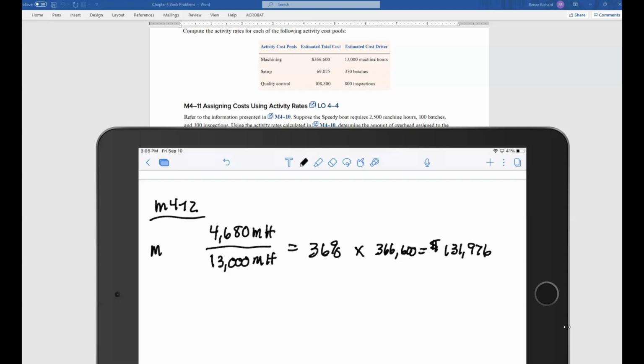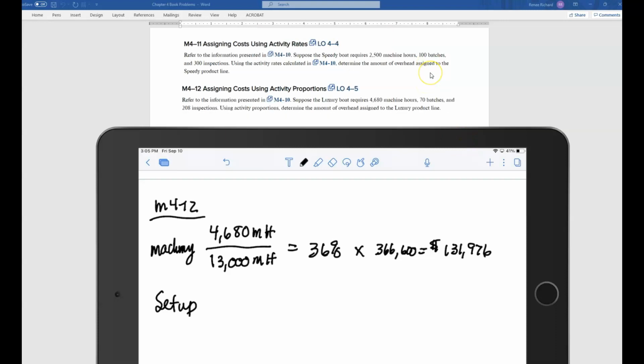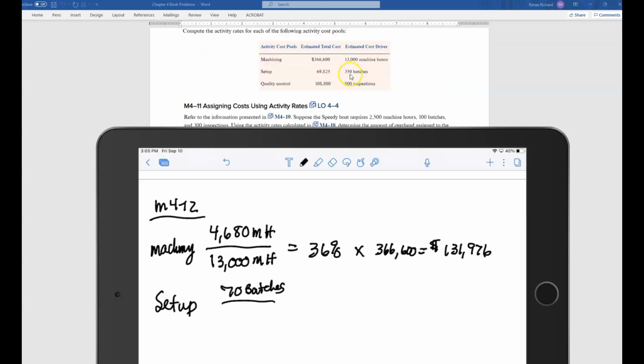So this was machining. And now we need to do setup. So let's see. 70 batches. So this one requires 70 batches. And our total amount of batches is 350. So that's 20%. 70 divided by 350.